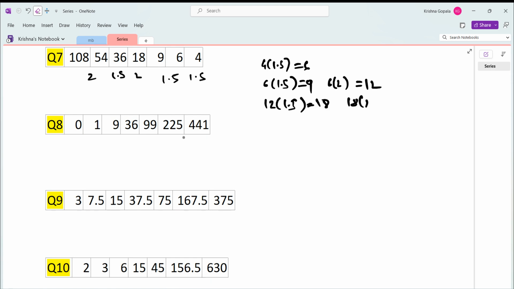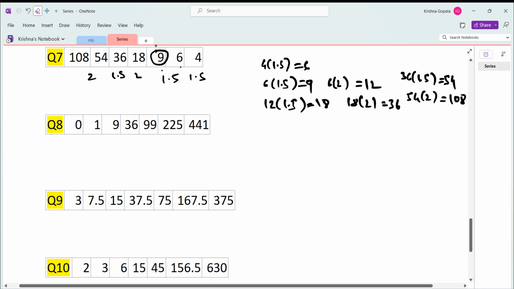Then 18 into 2 would be 36. 36 into 1.5 would be 54. 54 into 2 would be 108. It's just multiplication by 1.5 and 2 alternately. So from 6, 6 into 2 should have been 12 instead of 9.